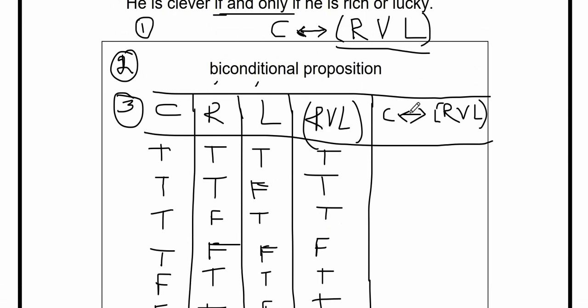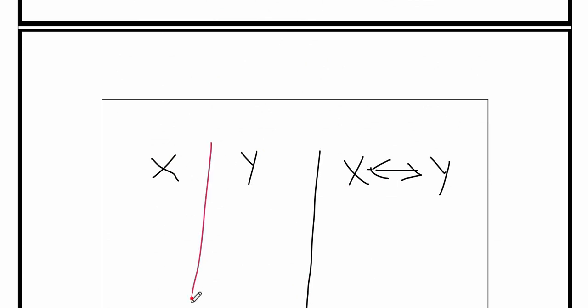Now we use the bidirectional symbol. For bidirectional, what is the truth table? I'll have to explain this again separately. So let me explain with two variables x and y, and what is their bidirectional truth table.